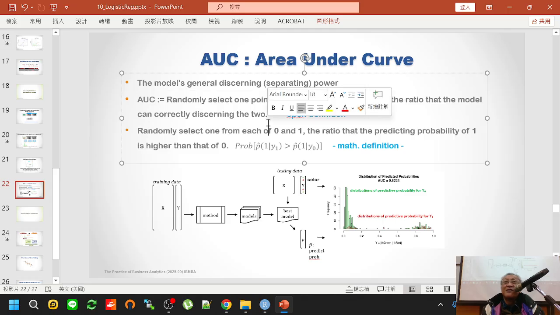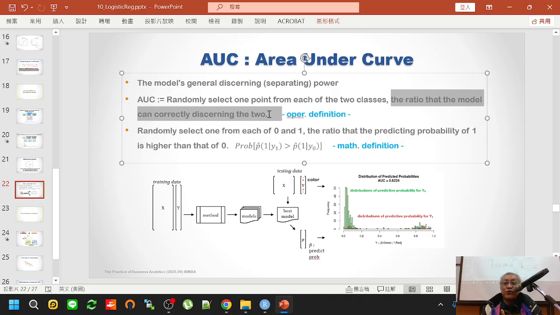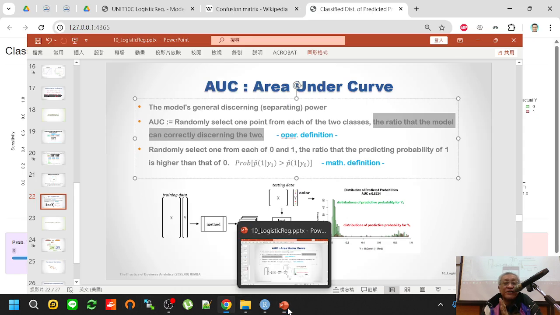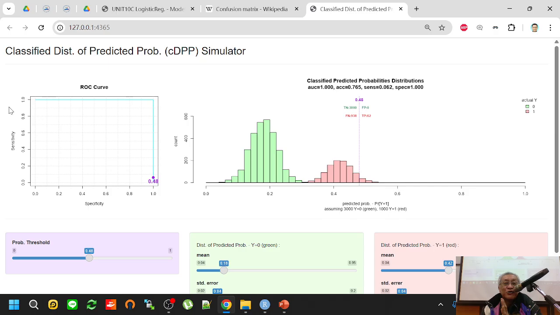It means the ratio that the model can distinguish the two classes, and it already calculates all of the threshold values.